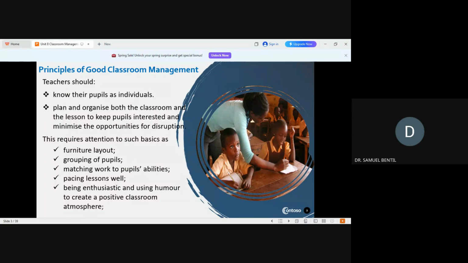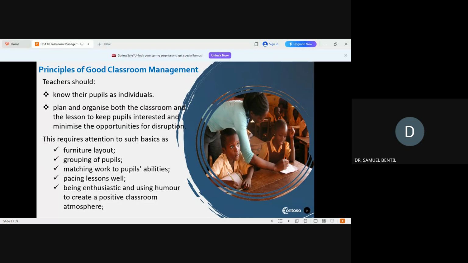If you don't know your students, their strengths, their behaviors, their attitude, their aptitude and abilities, their maturity level, how can you create that enabling environment for teaching and learning to take place? That is very important. So you must know your learners as individuals, not as a group, not as a class.